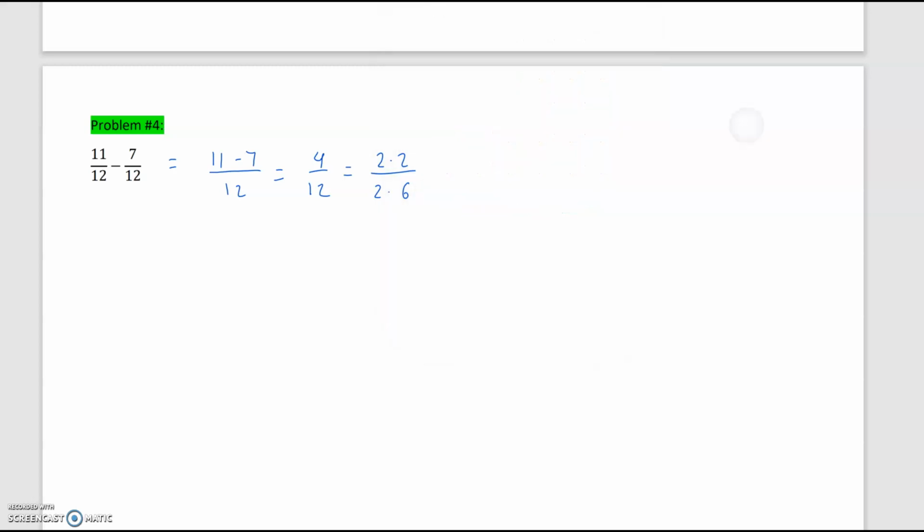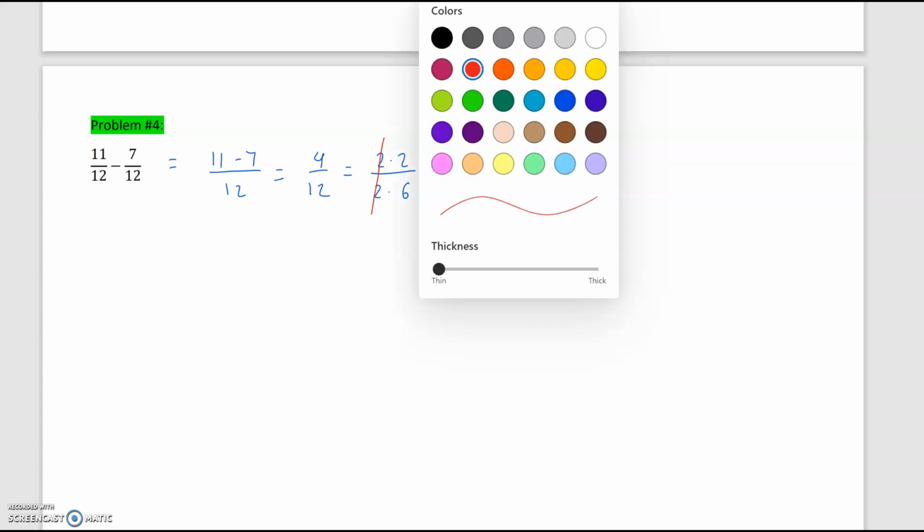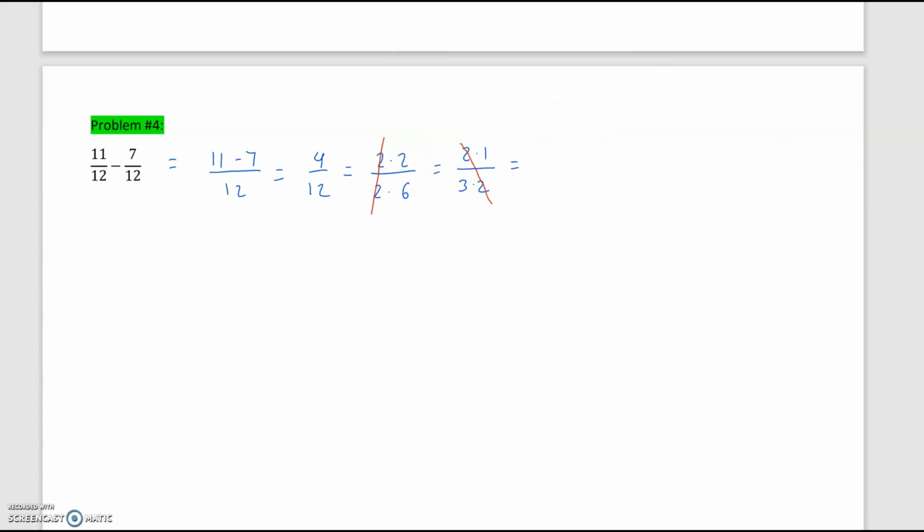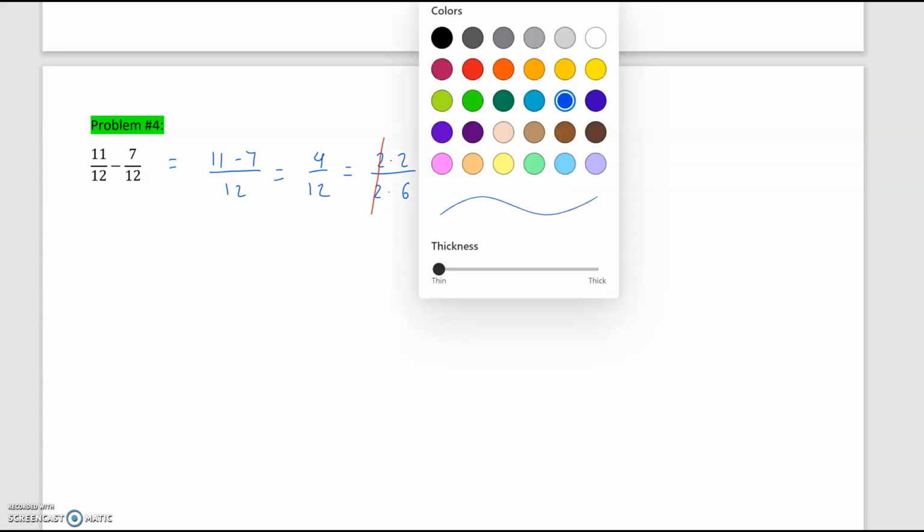Oh, it reduces further, but let me cancel those two first. So we can express this one as 2 times 1, and then 3 times 2, and then we can cancel the 2's. So our final answer is 1/3.